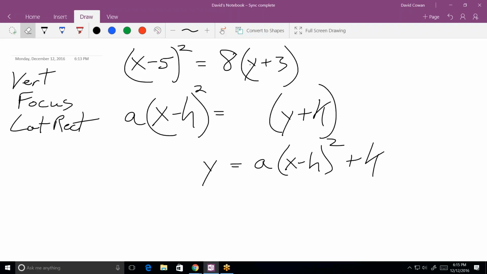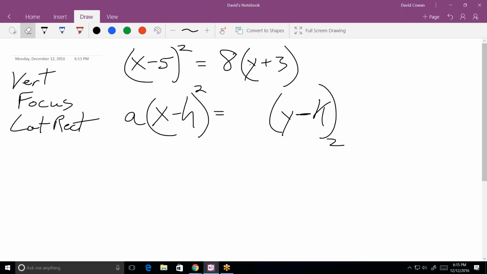Then wouldn't it be y minus k? Yes. My apologies. Thank you. That is definitely y minus k. So if that is our general format, first of all, is that a vertical or a horizontal parabola? Vertical. Correct. That's our standard. We know that P is equal to 1 over 4A.